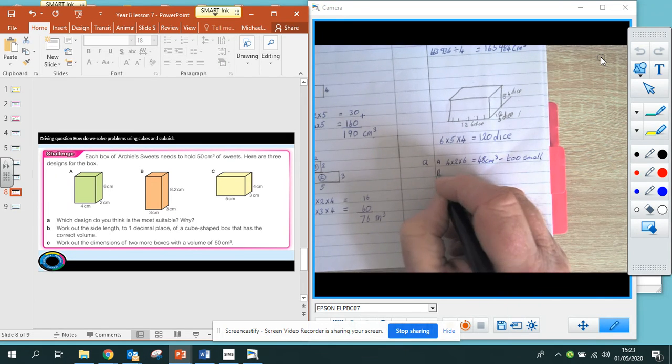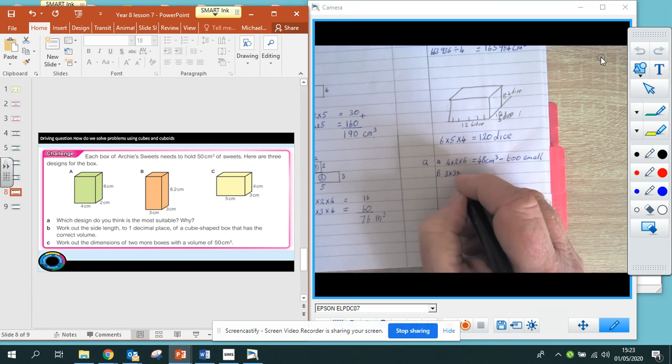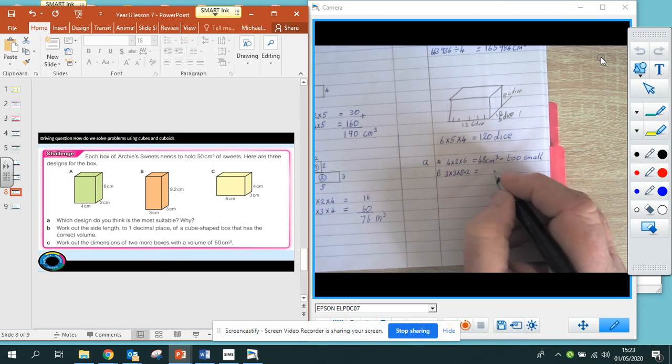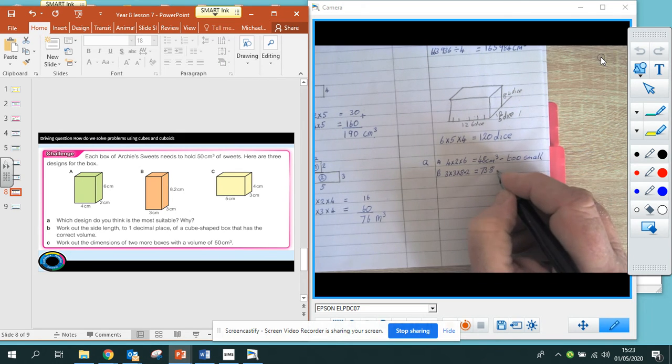Shape B, we have 3 times 3 times 8.2, which gives me 73.8 cubic centimeters.